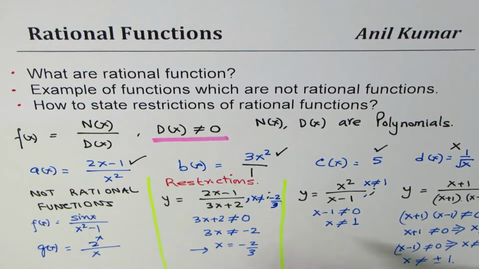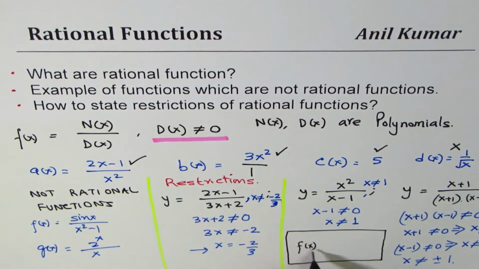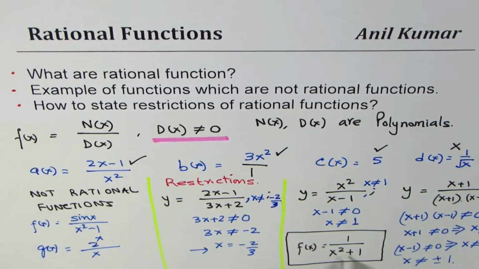Now let me give you one example where we have no restrictions. Let's say f of x equals 1 over x squared plus 1. Now here, the denominator is always positive. Do you see that? It is never 0. So in this kind of rational function, we do not have any restriction.